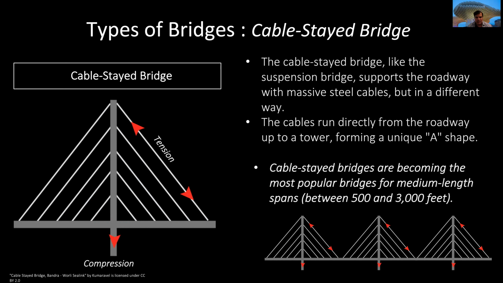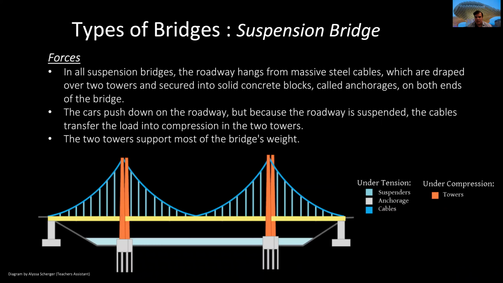You have tension cables that go directly from the bridge to the pier, and you can have them together. Those kinds of bridges can have a span from 500 to 3,000 feet. Usually they work very well for long spans, but the bridges that have the longest span usually are the suspension bridges.